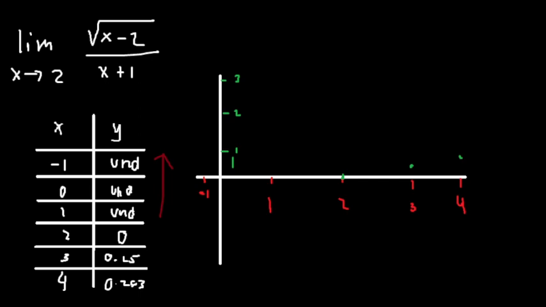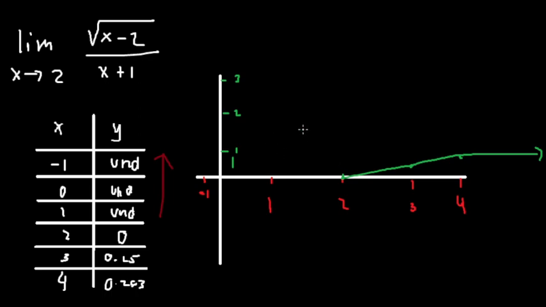So the graph looks like this. Pangit ko mag-drawing ng line, pero ayan. It looks like it's expanding by small increments. And you can notice na since undefined yung value, pag papaliit yung x less than 2, wala tayong nalalagay na point sa kabila.